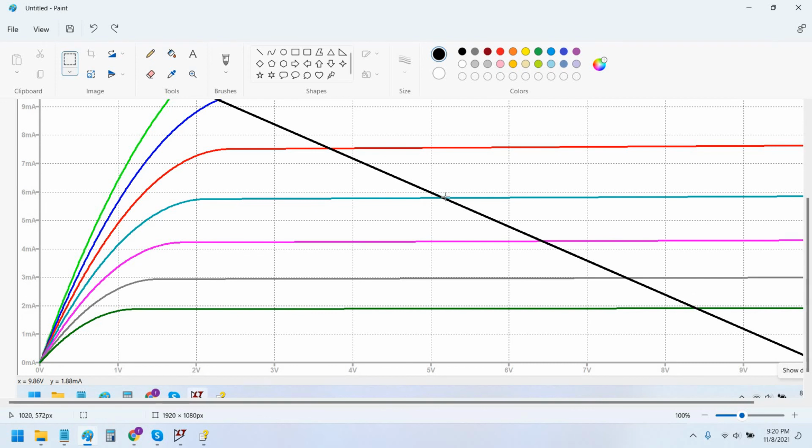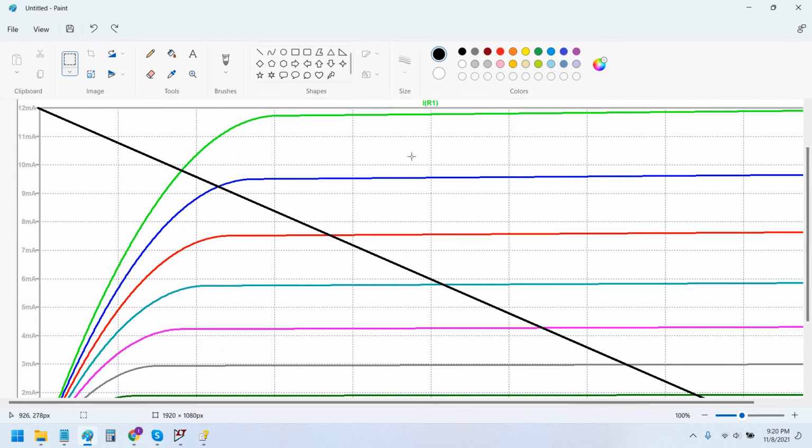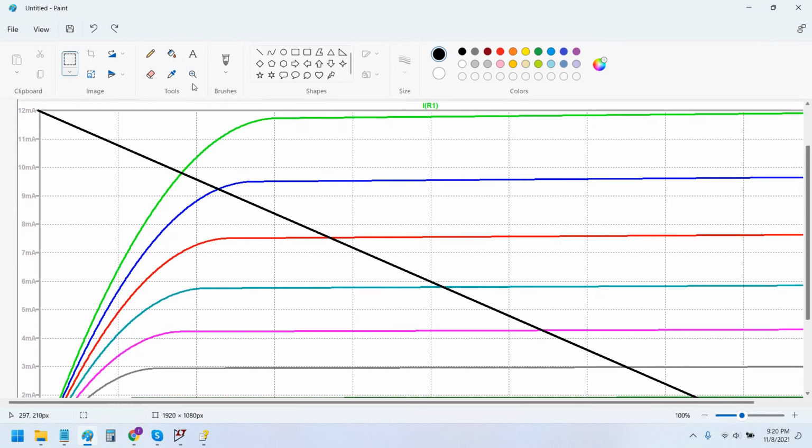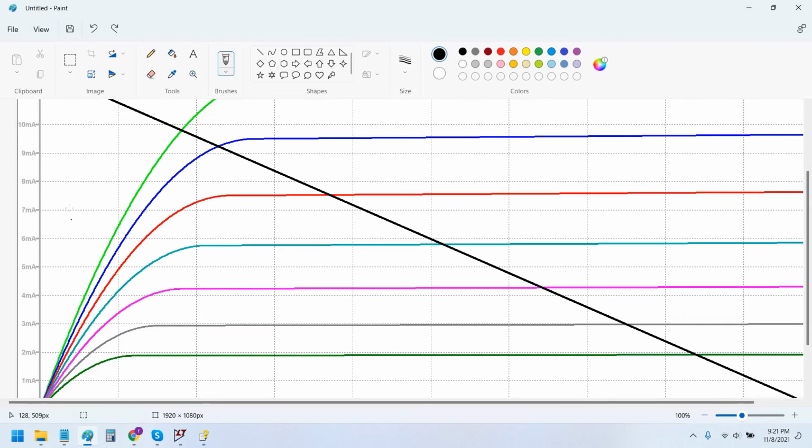and we have to select the intersection of this load line on the VI curve at a particular gate to source voltage. The gate to source voltage would be selected in such a way that the drain to source current of the FET would be minimal.